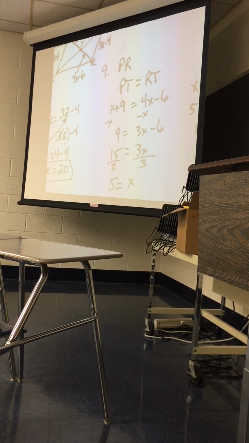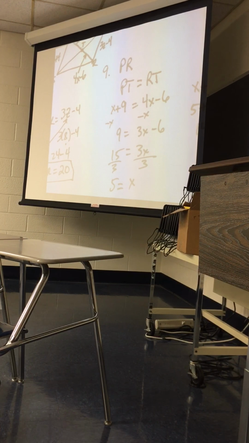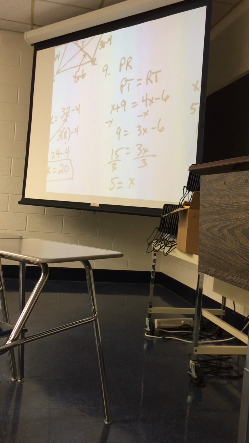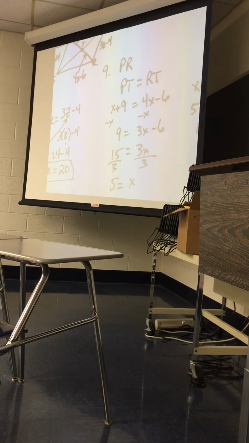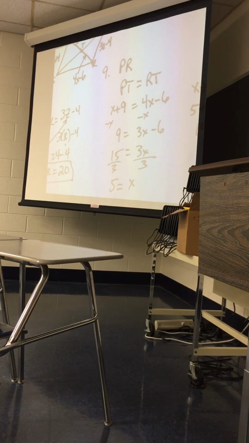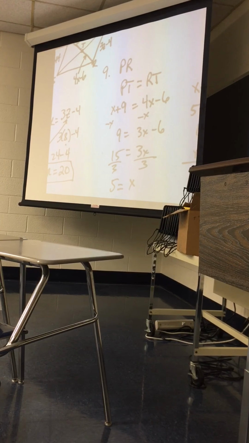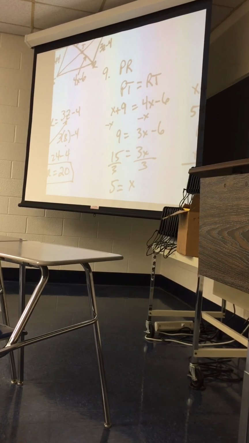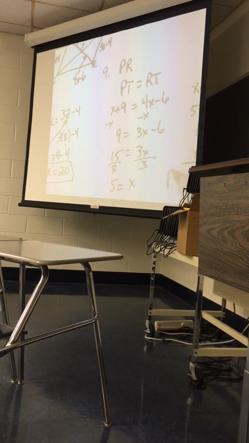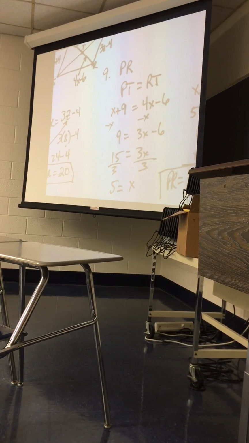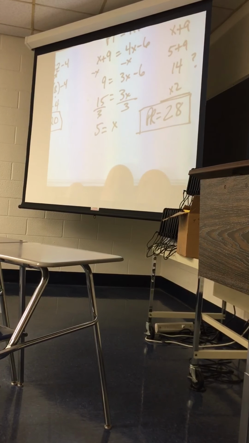Is that what they're looking for? That's only half of it. So I could just say multiply it by 2 because it bisects it, or I could put 5 into the other one. Either way, I know that I'm going to multiply this by 2. They're both going to be equal to 14. And so the length of PR is equal to 28.